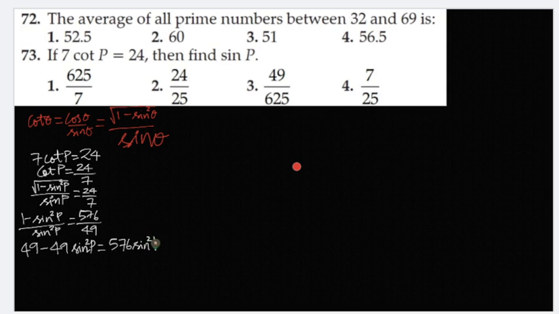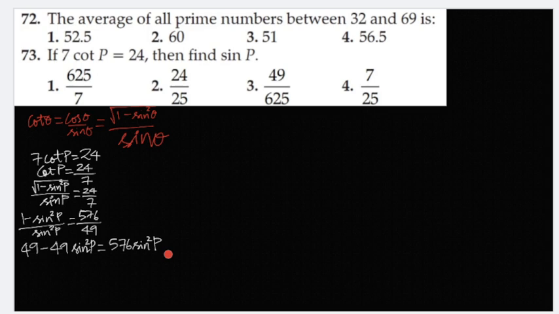So now what is given in the question? We have to find sin P. So now how we will find sin P from this? So now here this minus 49 sin square P and 576 sin square P, we can take this to the right hand side. So then what we will get?